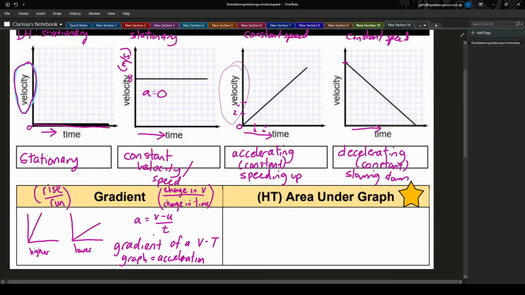Well, I'm going to say that it started at 0, 0. So the change in velocity is rise was 4, run was 4. So the acceleration is 1 meters per second squared. And this object here is slowing down, so it's decelerating as well. So you're going to get a negative value from a negative slope.